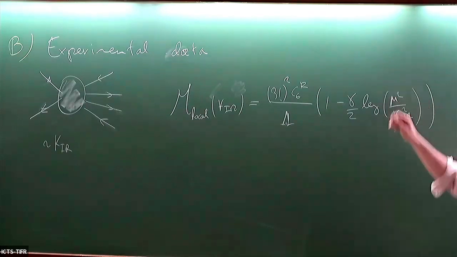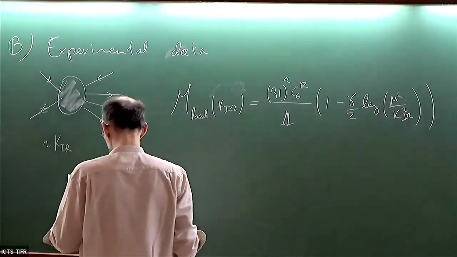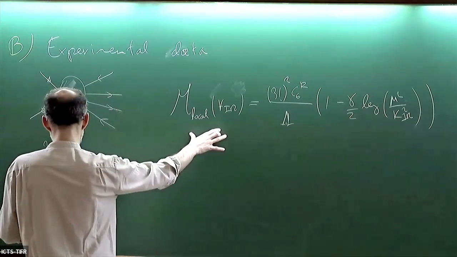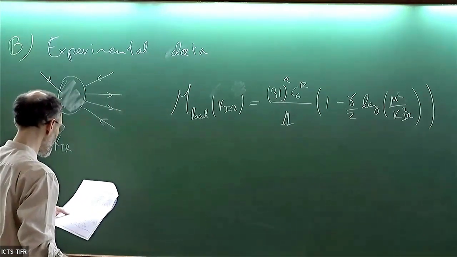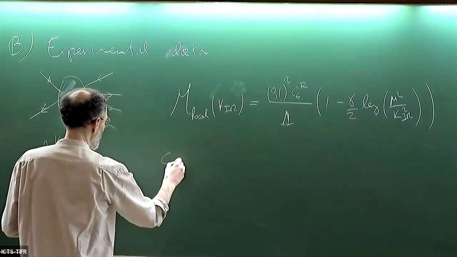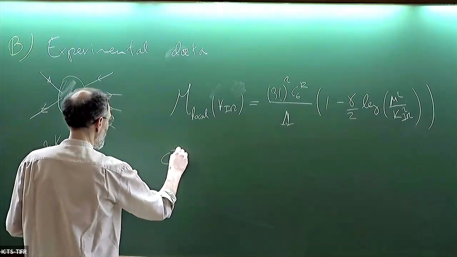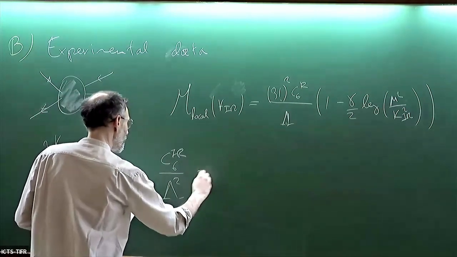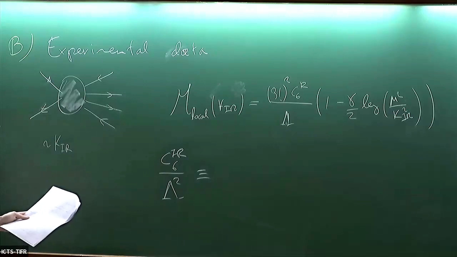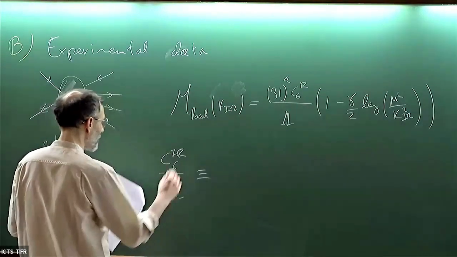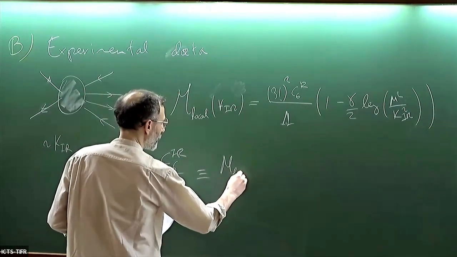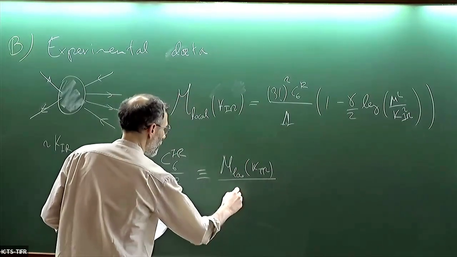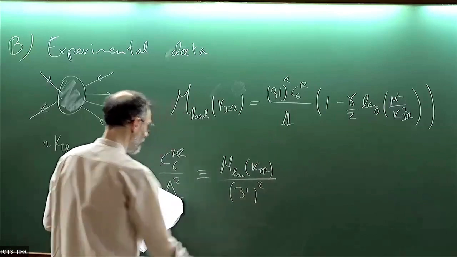So for that matter, let me define a function of this original matrix element measured by experiment. Let me define C6_IR over lambda squared. Remember, I'm separating in C and lambda squared, but you only measure the full thing. And that's just this M local at K_IR over the 3 factorial squared that I don't like.